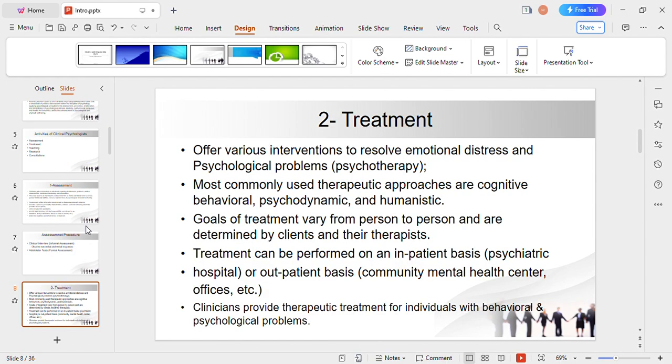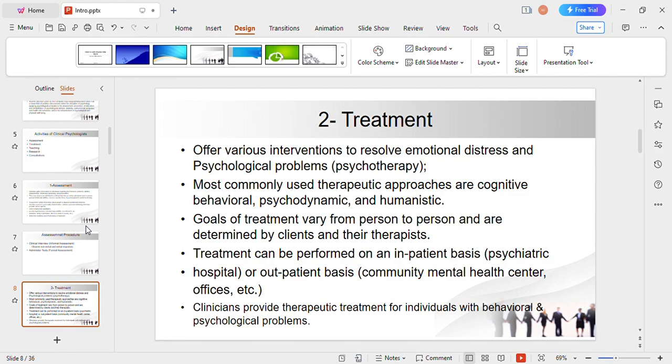Okay, the second key role or key activity of a clinical psychologist is to provide an effective treatment modality or effective management plan. A better clinical psychologist has the ability to identify the nature of the person's problem, and what kind of treatment would be more suitable and effective for the patient and for his personal, social, and occupational improvement.